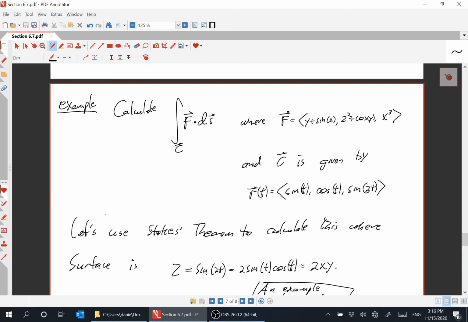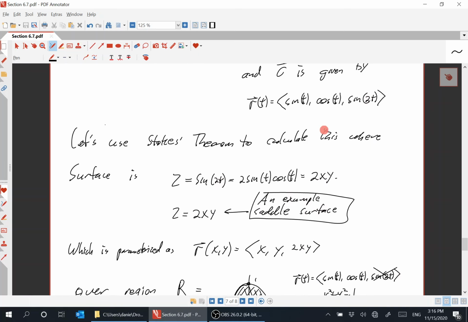Which surface should I choose? Well, anything that works. So z, which is sine 2t, which is 2 sine t cosine t, which is just 2xy, will work just fine, because this boundary curve lives on that surface.